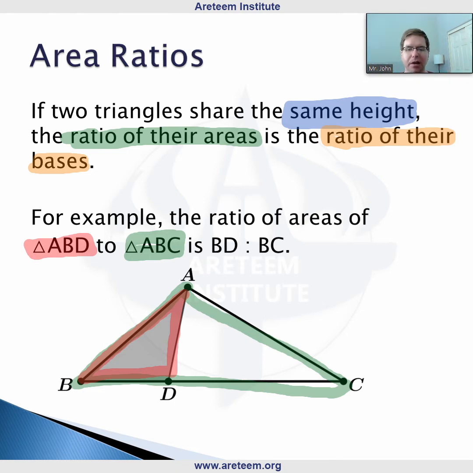And just to clarify one more time, that's because they both have the exact same height. Even though it's an obtuse triangle and the altitude lies outside of ABD, they both share the same height. So the ratio of their areas is the ratio of the two bases.